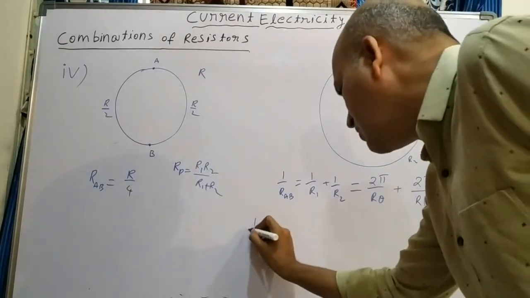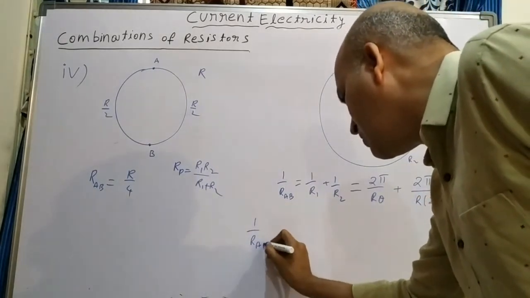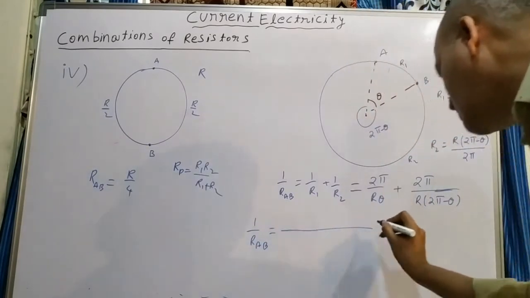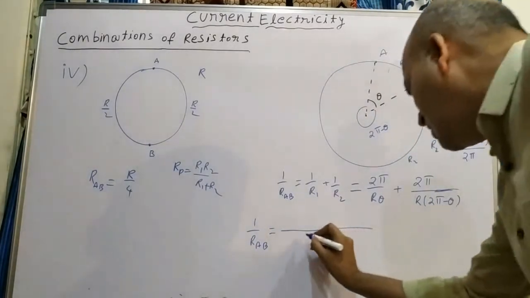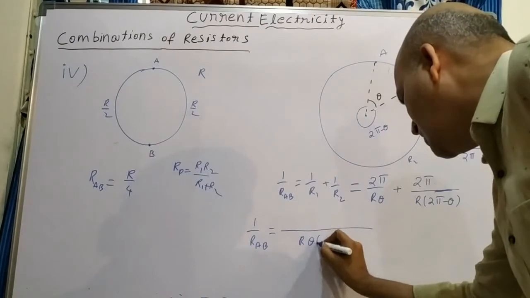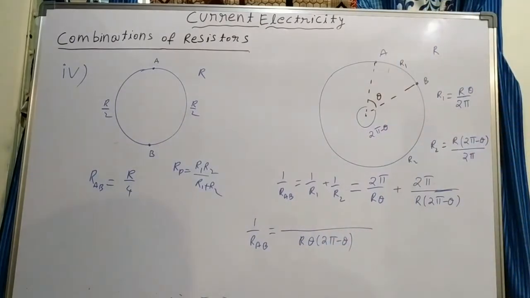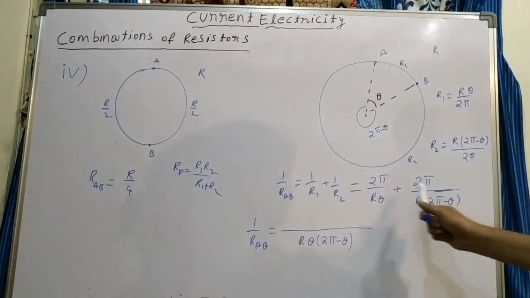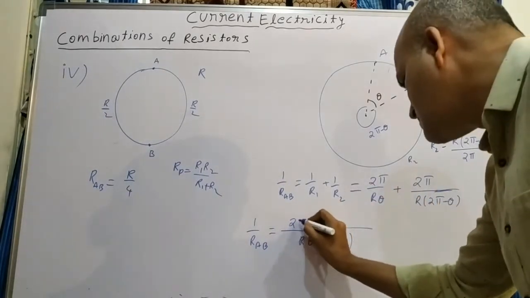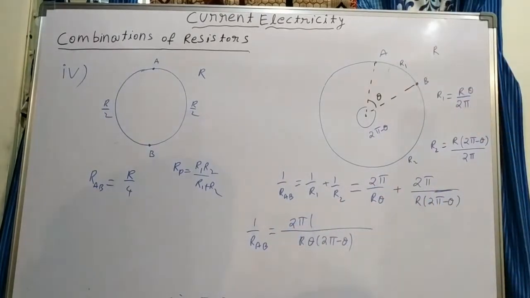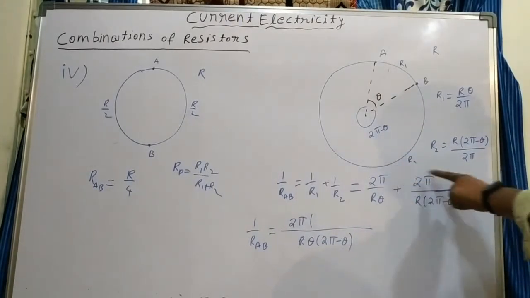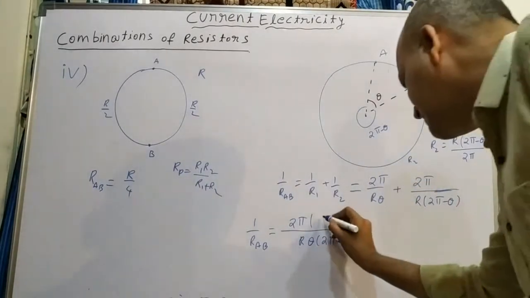We can write 1 by RAB is equal to, with LCM, R theta into 2 pi minus theta in the denominator, and in the numerator 2 pi common, and what you get is 2 pi minus theta plus theta, so you get 2 pi.